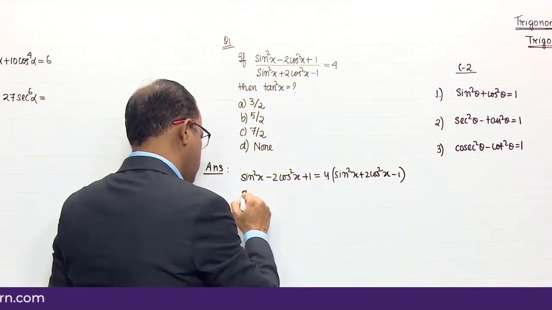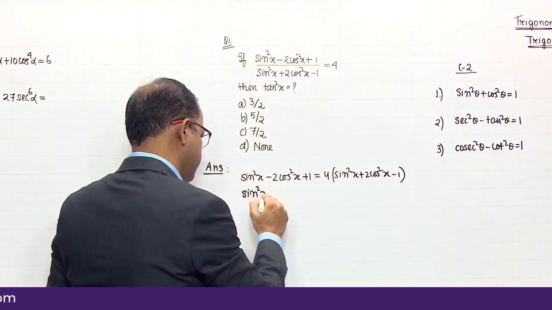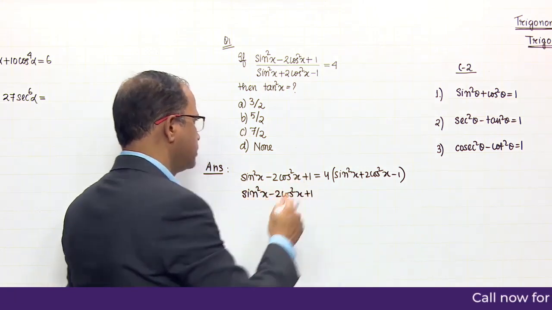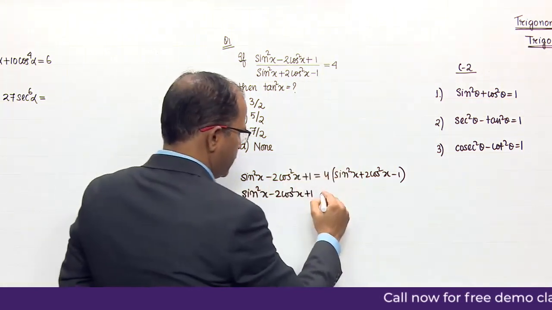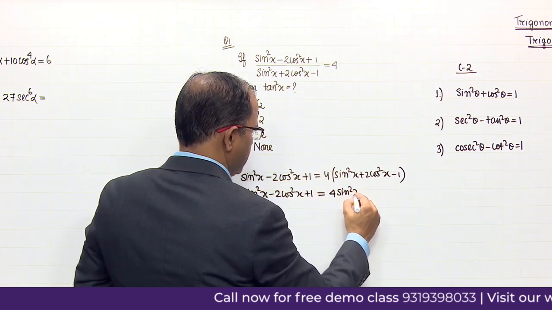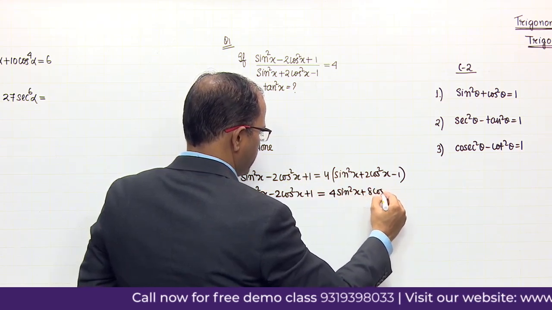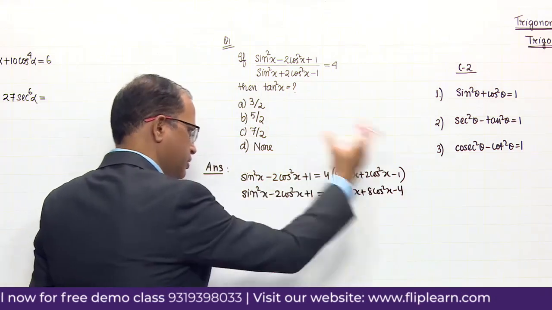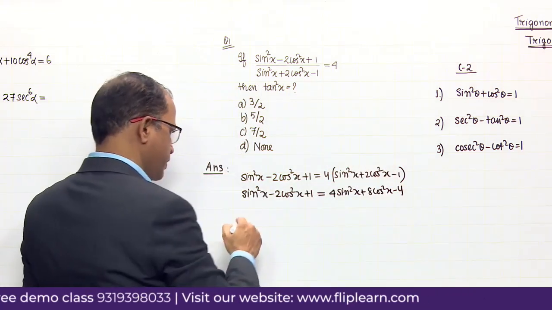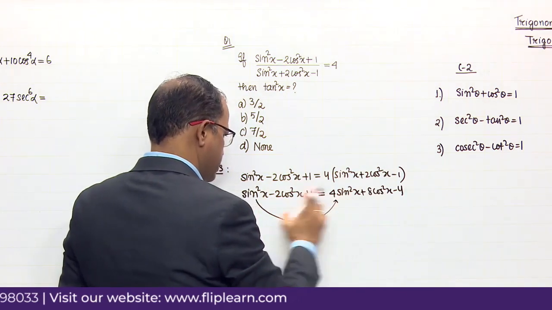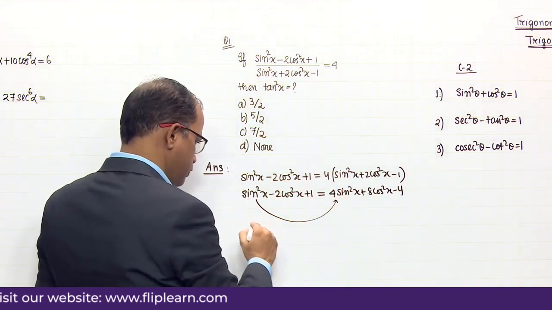I can multiply this: 4 sin square x plus 8 cos square x minus 4. I take all the terms on the right hand side, suppose. So if I take sin square x to this side, this becomes 4 sin square x minus sin square x, how much? 3 sin square x, right?